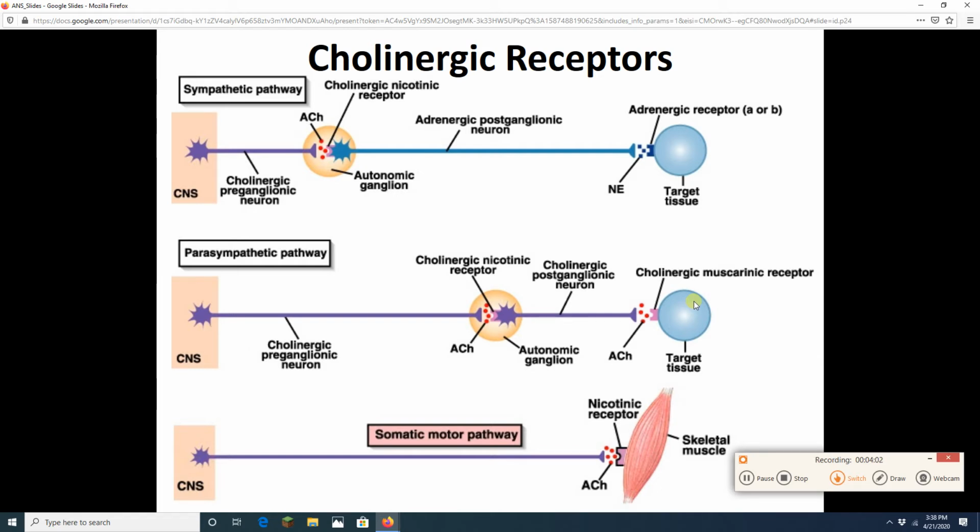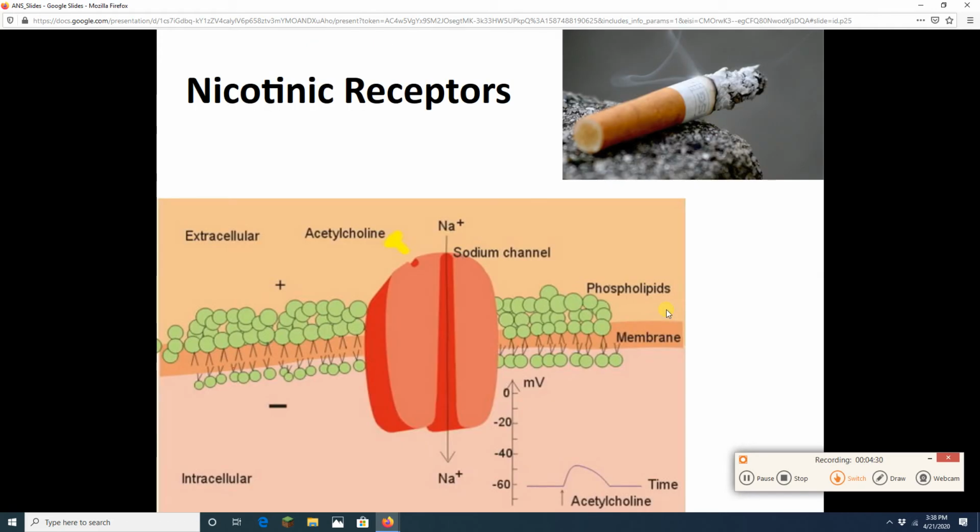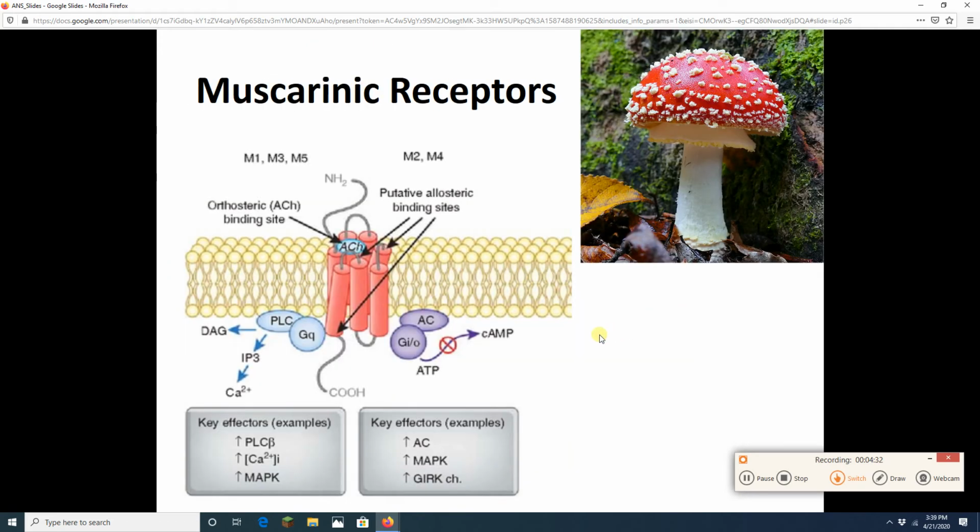Now realize that's a lot more complicated than just having it on a neuron or skeletal muscle. Well, the glands need to secrete. The smooth muscle needs to maybe contract, but also maybe relax. Cardiac muscle, maybe it needs to speed up its rate of contraction, maybe it needs to slow it down. So there is a much more complicated result that has to happen when acetylcholine binds to a cholinergic muscarinic receptor.